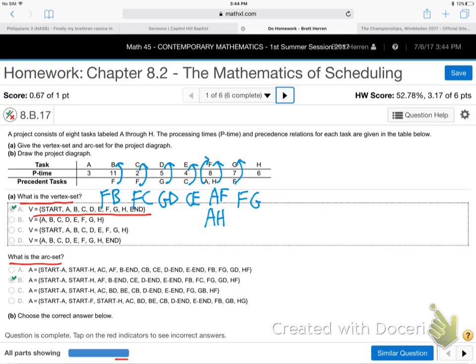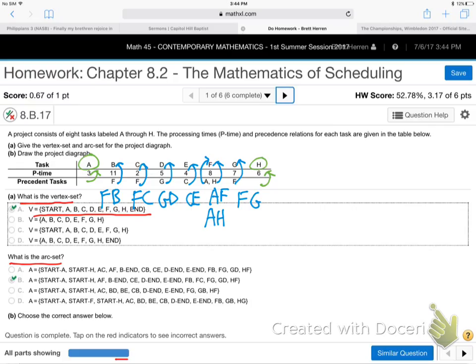Which tasks have nothing leading to them? Well, A and H. They have nothing leading to A and nothing leading to H, which means there's nothing before them. Nothing precedes them.